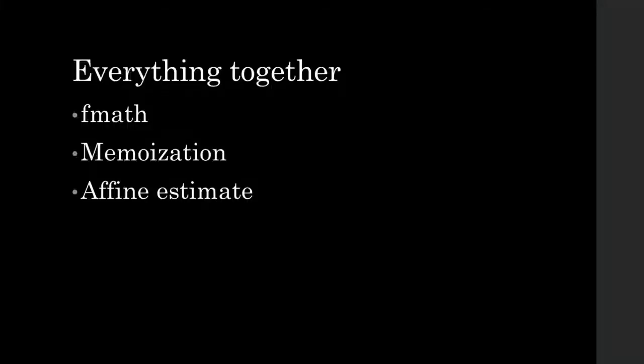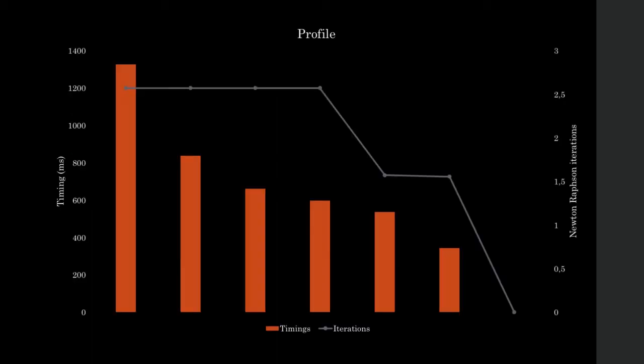And if everything is together, so you change exponential, you change with memorization and the affine estimate as well, you can reuse the last point you computed for the memorization. So you don't have any exponentials here anymore. That's an improvement of a factor of 3 with different ways of optimizing everything.